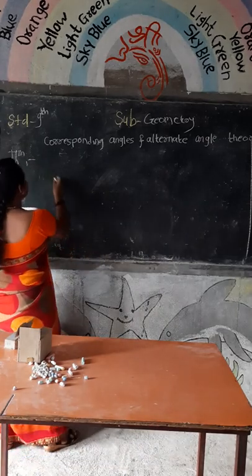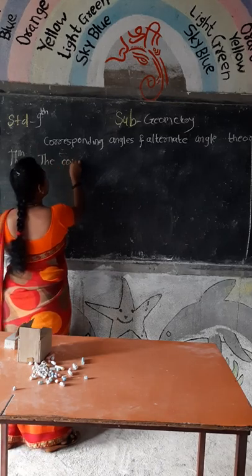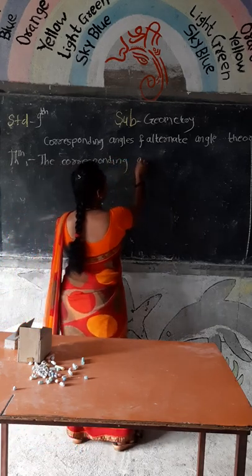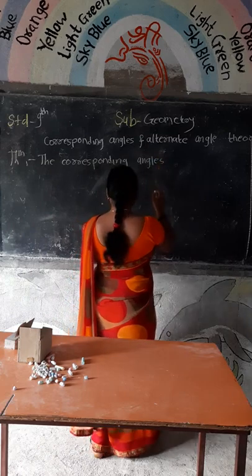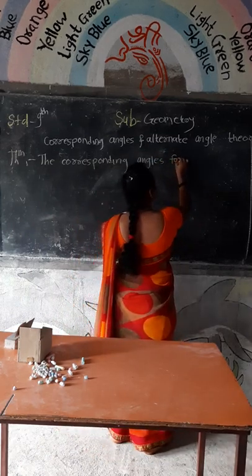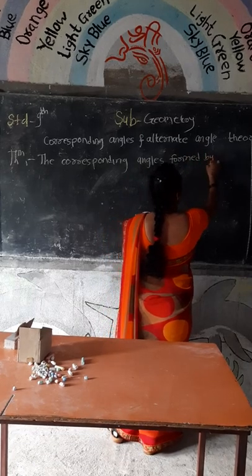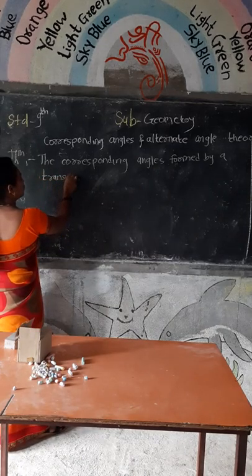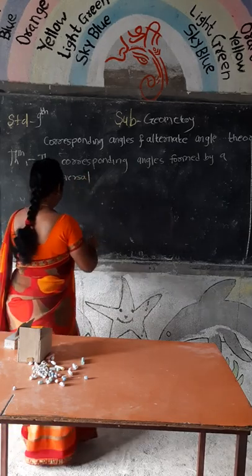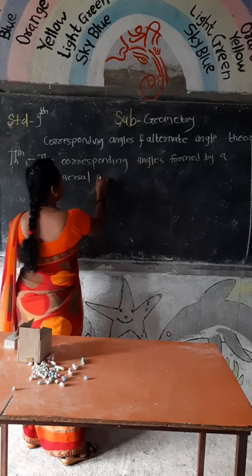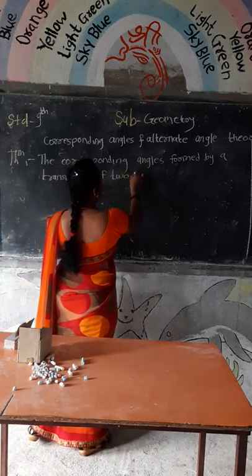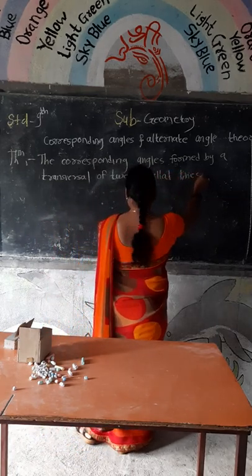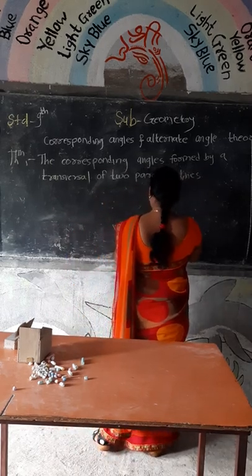The corresponding angles formed by a transversal of two parallel lines are of equal measure.